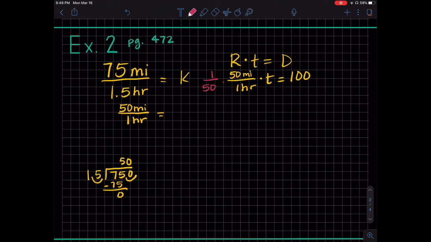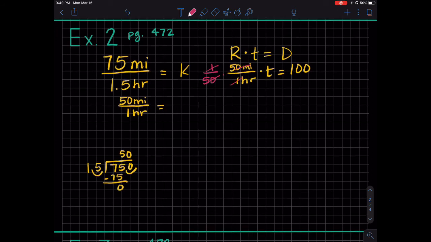Now, why would we choose to multiply by 1 over 50? Well, we would choose to do that because 50 divided by 50 is 1, and 1 times t is t. So these cancel out, leaving us with just t on the left side of the equation.